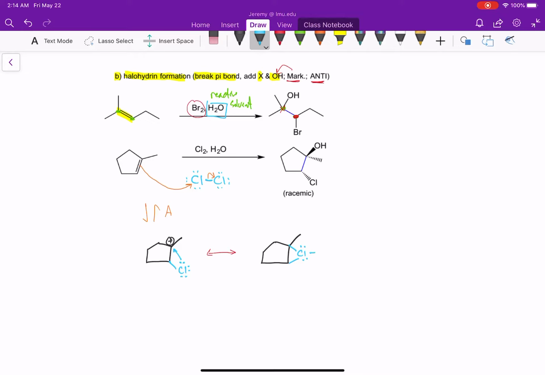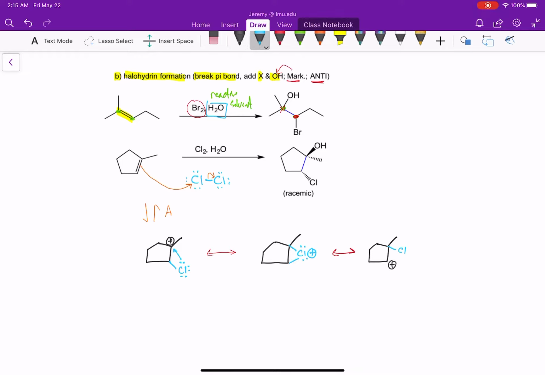Now it only has 6 electrons. It's missing 1 from the 7 that it wants, and it has a positive charge, right? Or the chlorine can reside on the other carbon, sorry, the chlorine at the top. Okay, so these are the intermediates that we form, exact same first step in 7A.